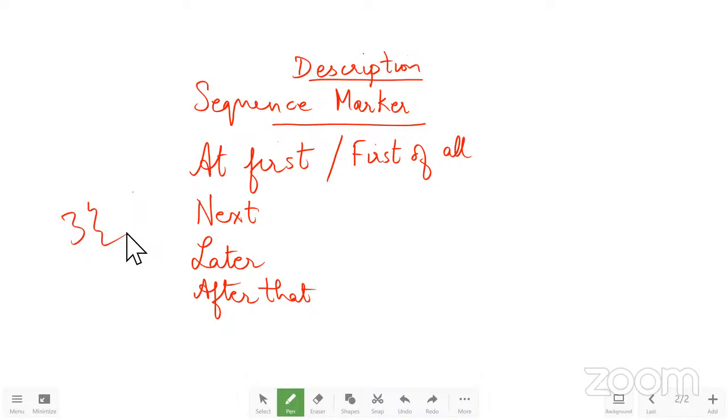To create a good impression, you use different sequence markers. Like I've given a few.